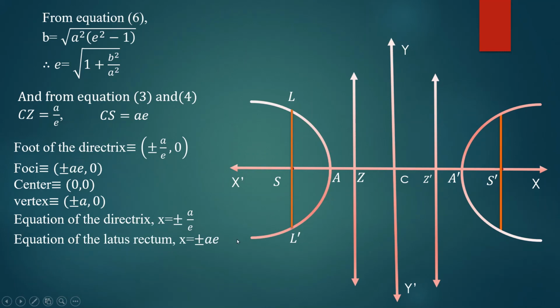Equation of the latus rectum, this point is a, 0 and this point is minus a, 0, so equations of the latus rectum are x is equal to plus minus a. Length of latus rectum, similar to ellipse, is 2b square by a. Clear?